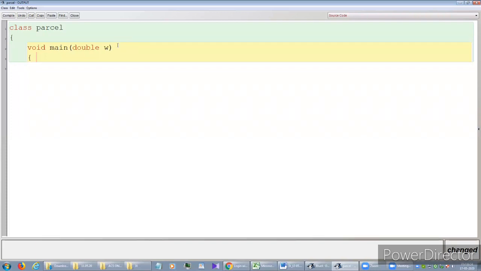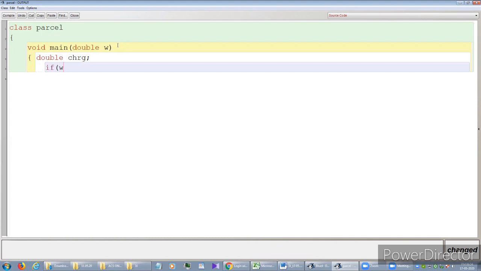Now double CHRG, the charge variable, is used for what purpose? To store the charge. Now if W less than or equal to 1000, then what charge do we have to pay?